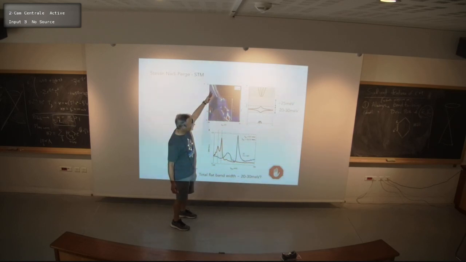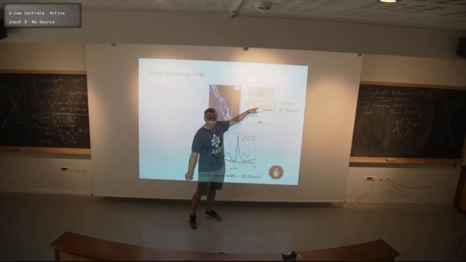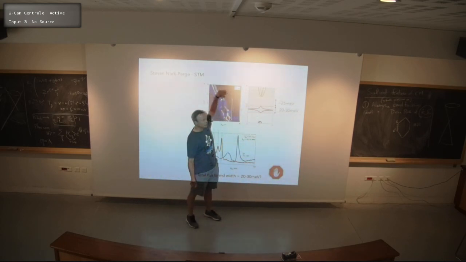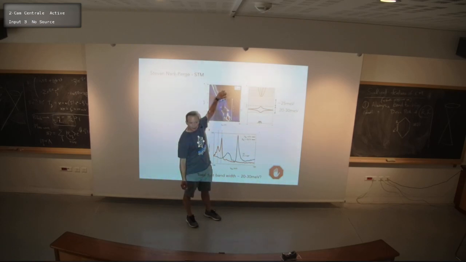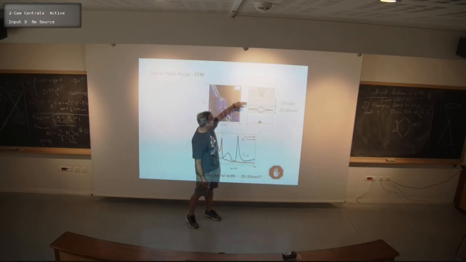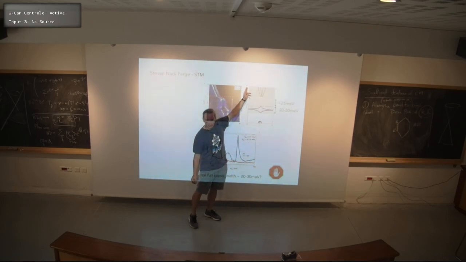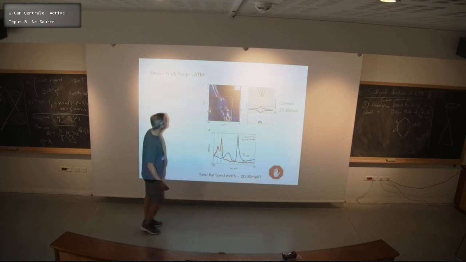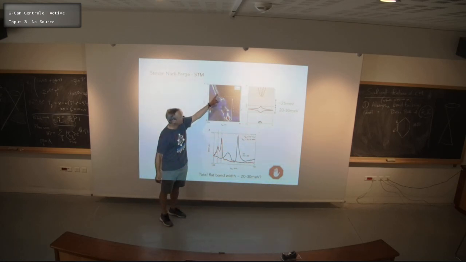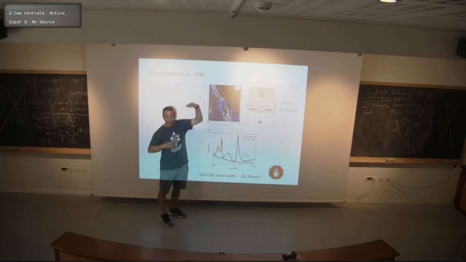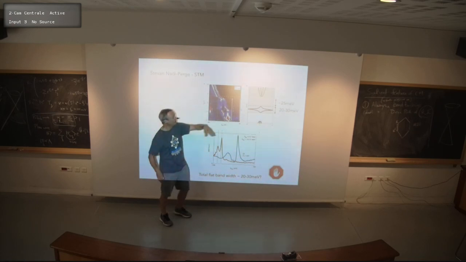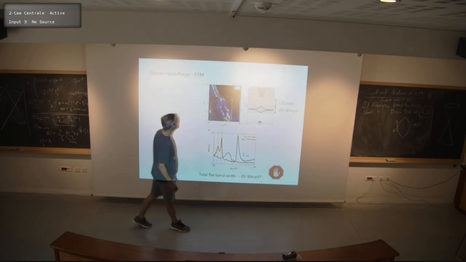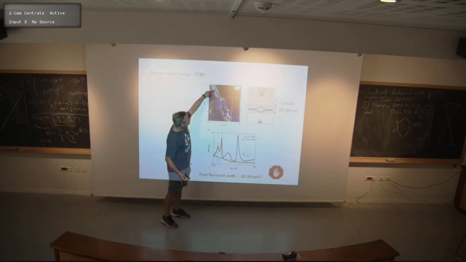Negative bias is enough to allow an electron to tunnel from one of the flat bands. Up here, the flat bands are fully occupied in the ground state, okay? It's possible now for an electron to tunnel from one of these flat bands into the tip, okay? And basically, these two features are associated with the Van Hove singularities near the top and the bottom of these two bands, okay? So the separation here gives you a rough idea of the bandwidth of the flat bands.